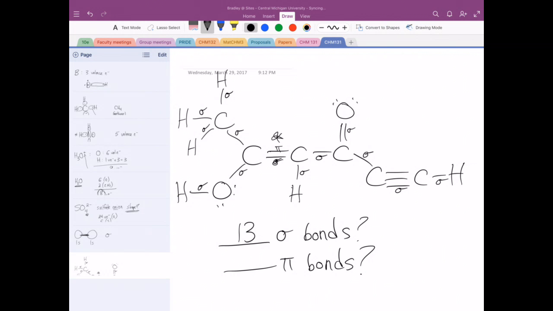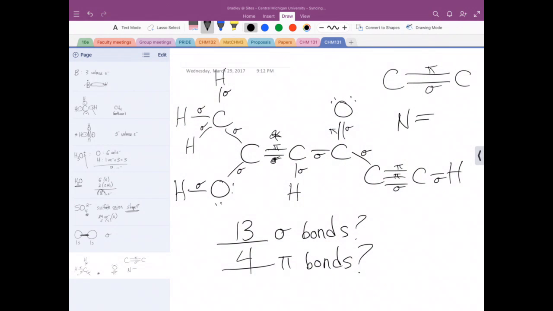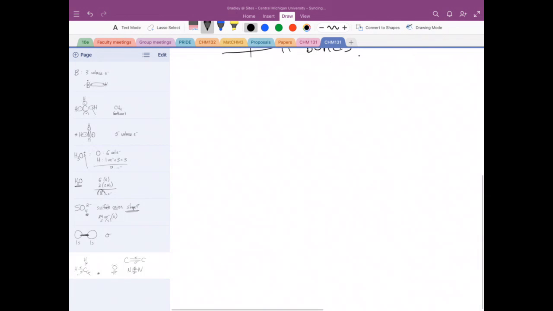So pi bonds, we've got 1, 2, 3, 4 pi bonds. Every time you have a double bond, one of them is a sigma, one is a pi. If you have a triple bond, one is a sigma and two are pi's. If it's just a single, all you have is a sigma. So that's one possible question, counting sigmas and pis.